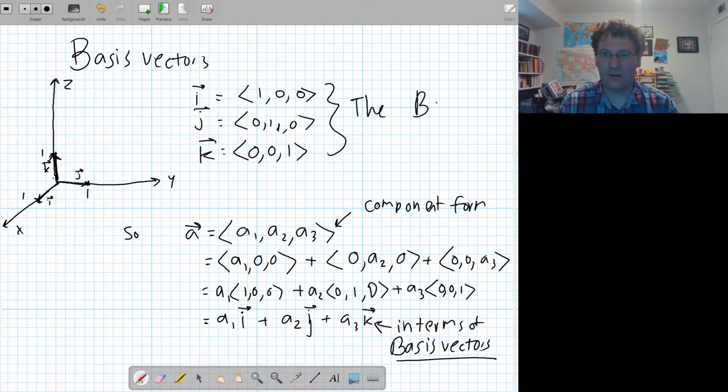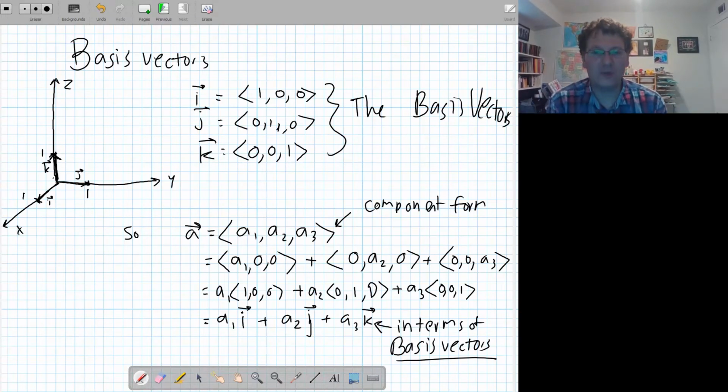Now, if you were in 2D space, you would just chop off the third dimension, and there would be only two basis vectors. There would be I and there would be J. There would be no K in 2D, and there would be no third component.